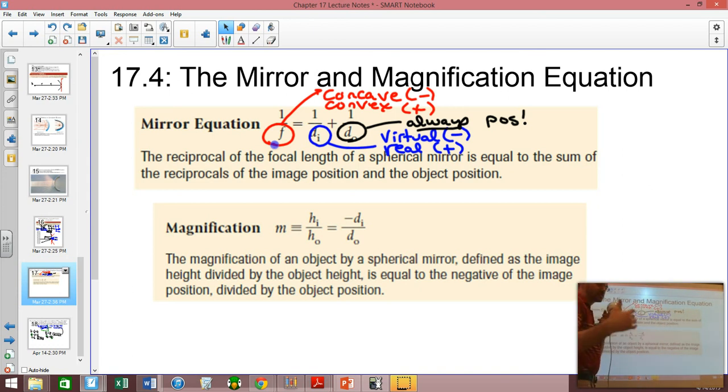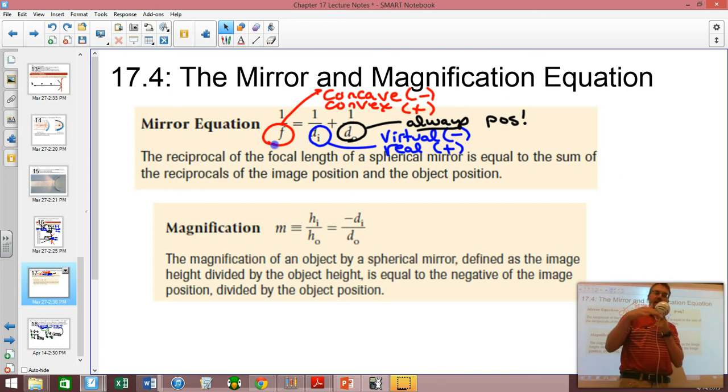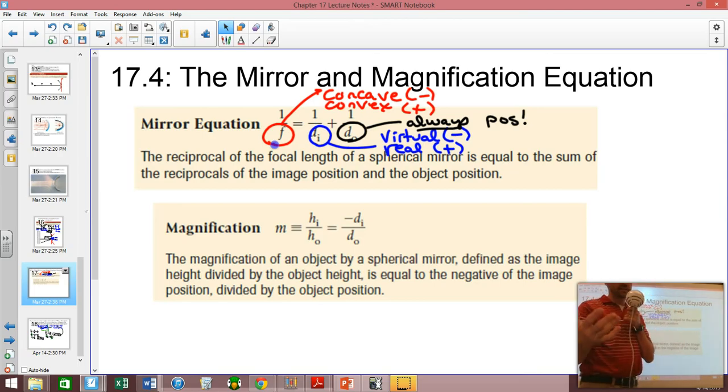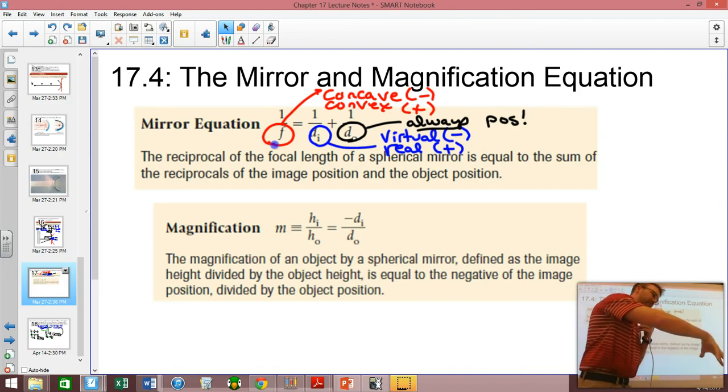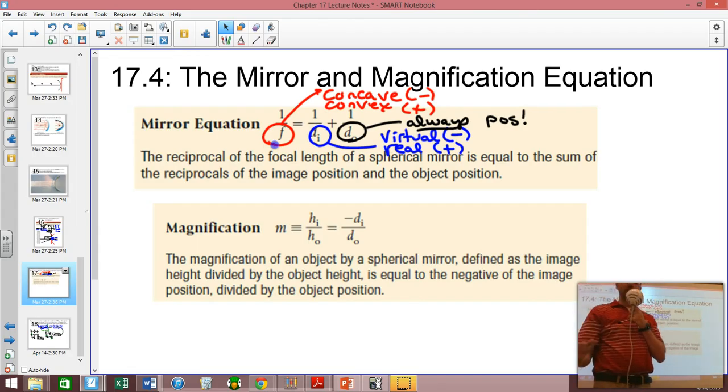That's why on that sheet that you got the day prior, I focused on this: if it's a virtual image, then you should get a negative number. If it's a real image, you should get a positive number for your distance to your image. If the focal length is convex, then it's going to be negative. If it's concave, then it's going to be positive. So what we're doing in the ray tracing realm translates directly into the lens, mirror, and magnification equations because of those positives and negatives.